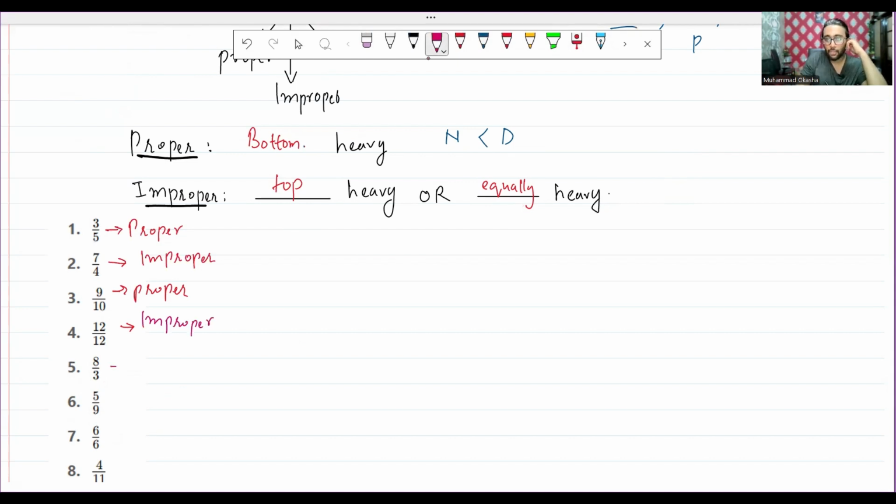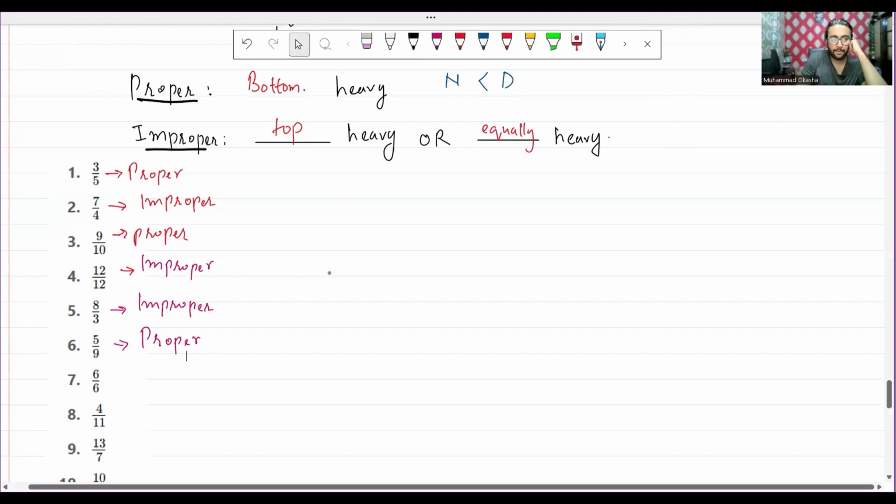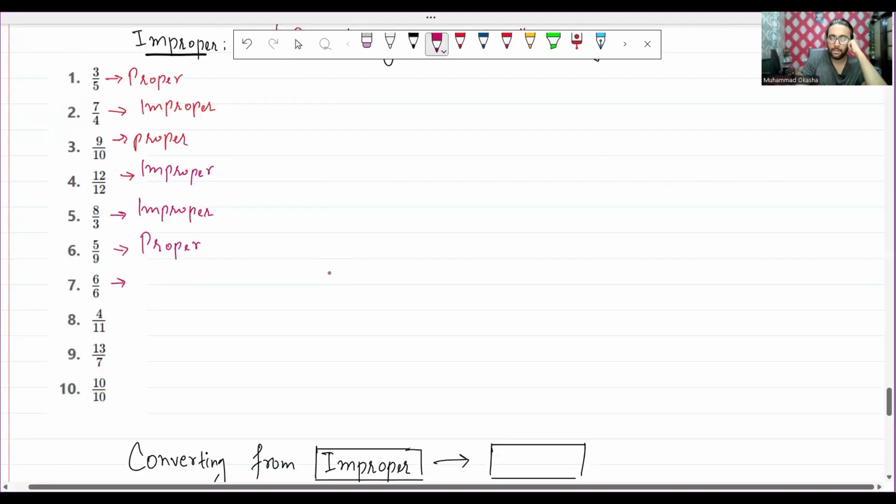8 divided by 3, again top heavy, so this is again improper. 5 divided by 9, this is bottom heavy because 9 is bigger than 5. So this is definitely proper. Again, we have equally heavy, so this is again improper.